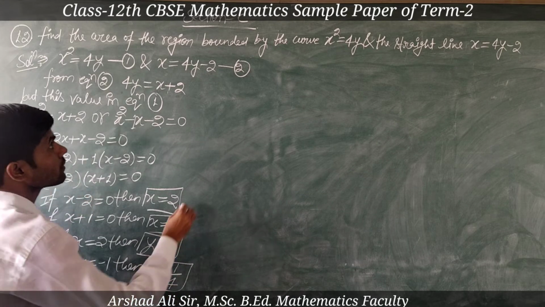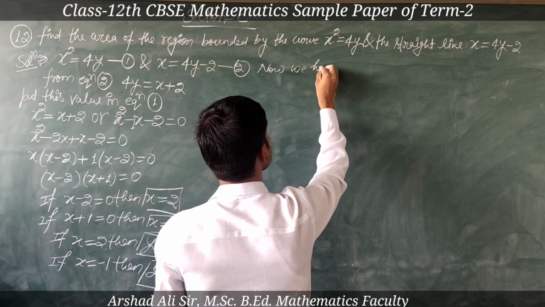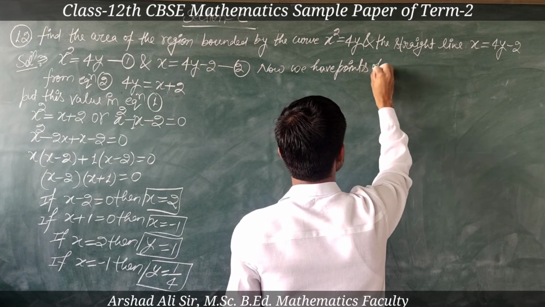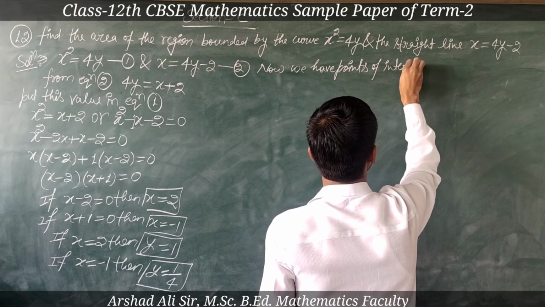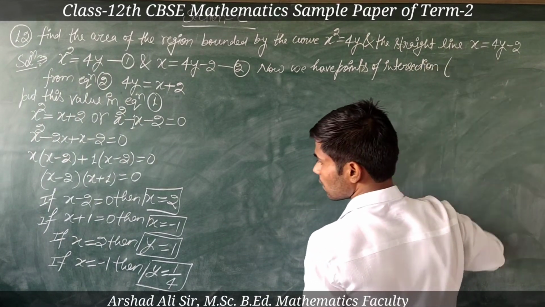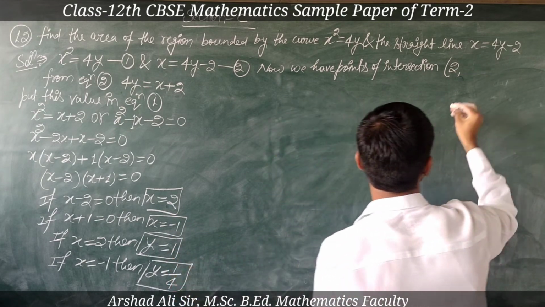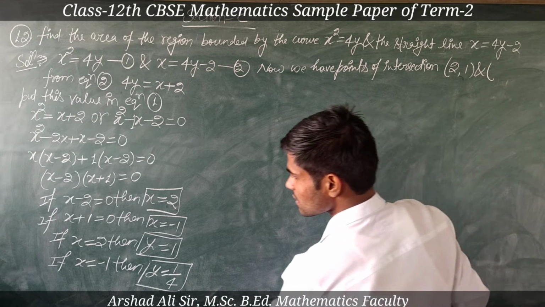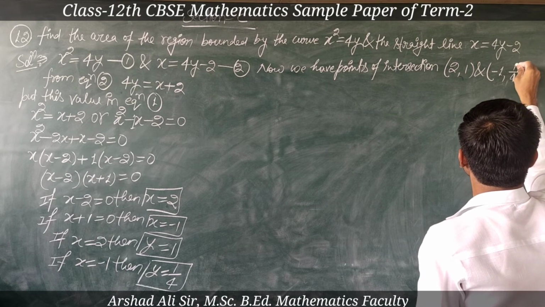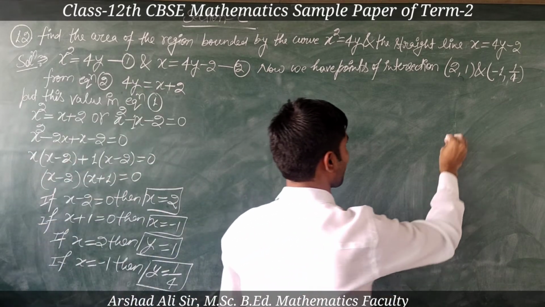Okay, now we have points of intersection. X is equal to 2, y is equal to 1, and x is equal to -1, then y equal to 1 upon 4. Now we have this point of intersection, so we can draw the diagram.